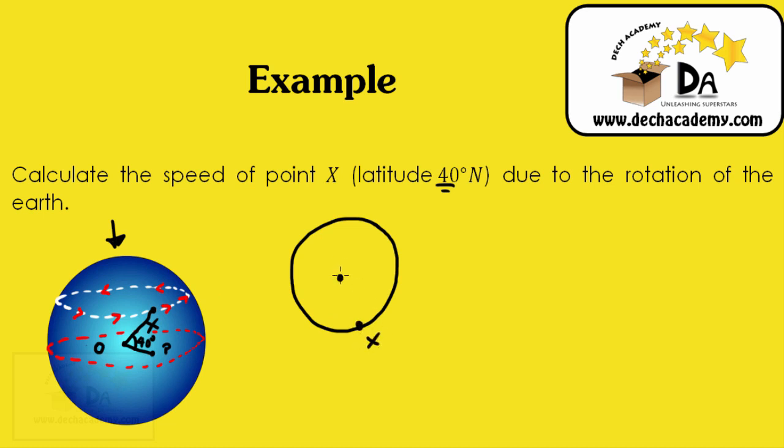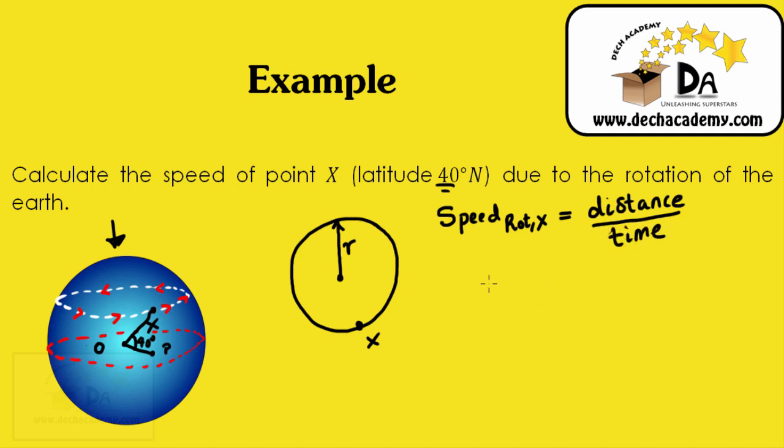This line of latitude has a certain radius, and we're interested in finding the rotational speed of point X. So let's start from there. I'll call this speed rot X, the rotational speed of point X, and that's equal to the distance traveled by point X during a complete rotation divided by the time it takes.